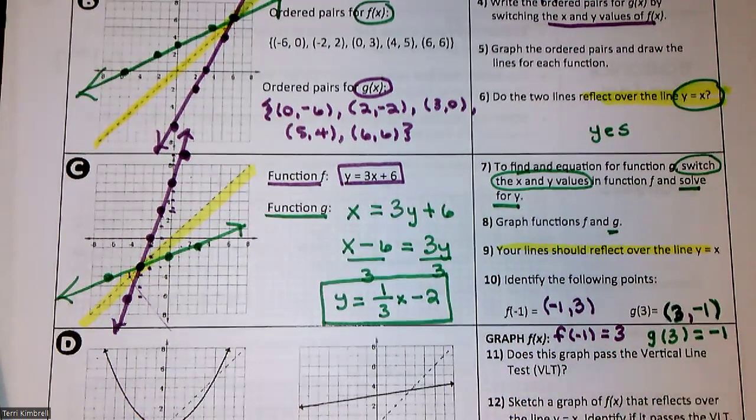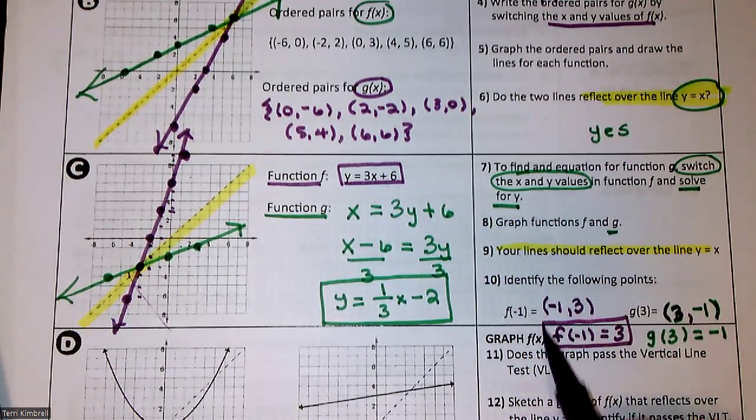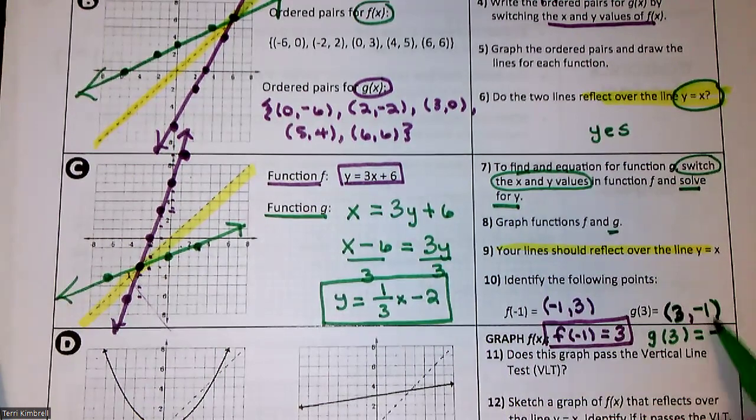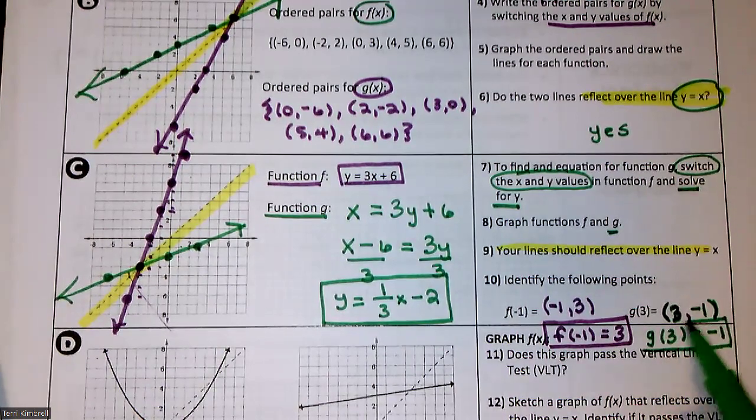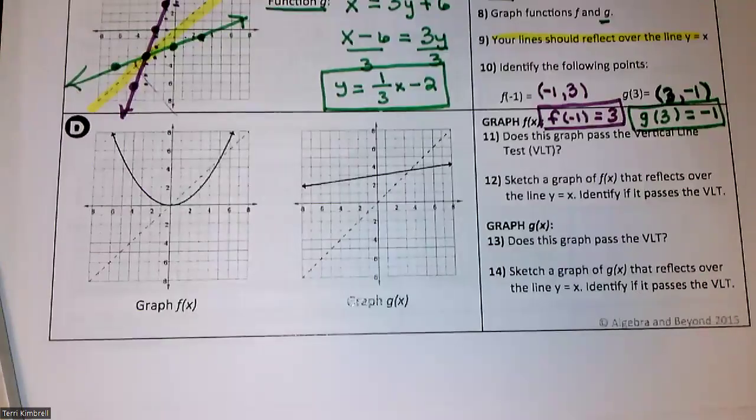Okay, so we have f of -1 being 3, which means that's -1, 3, and g of 3 being -1, which means 3, -1. Okay, so if you think you understand, if you'll pause the video and you can try letter D.